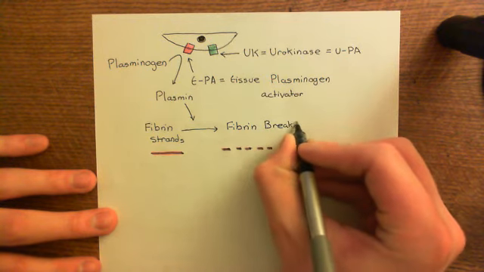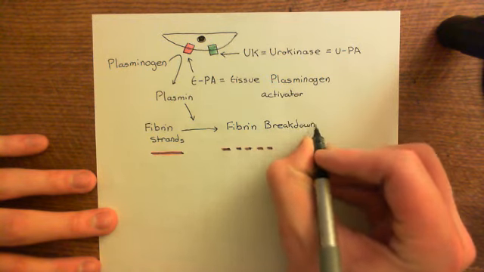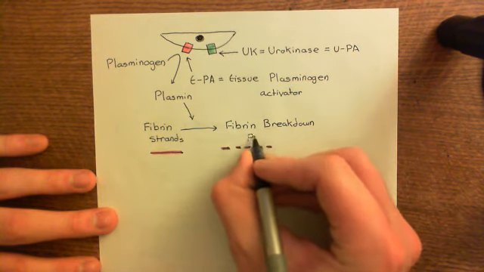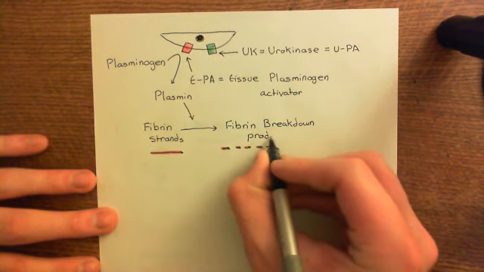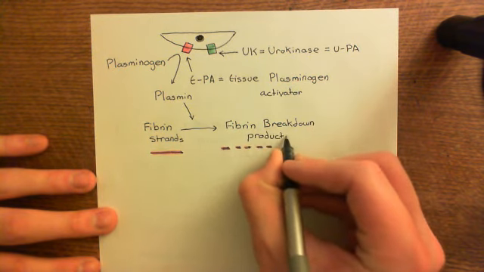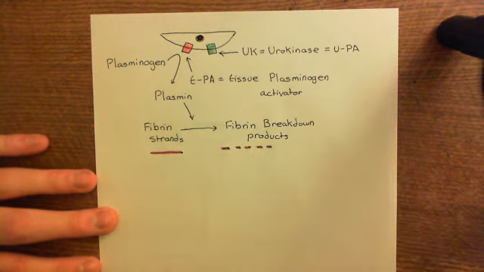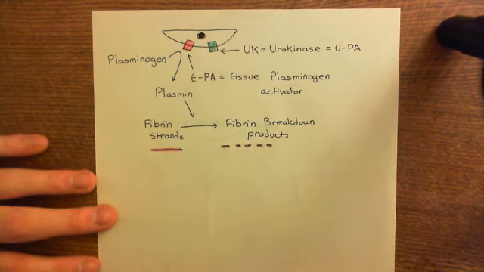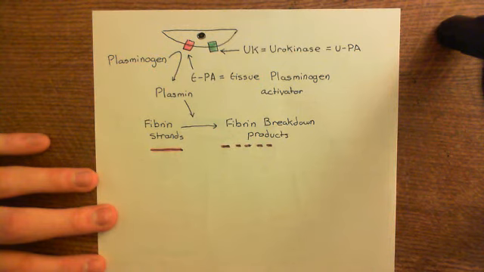Well, if you break down fibrin, then you're going to break down the support meshwork for a thrombus. Once you've broken down all the fibrin meshwork for the thrombus, the thrombus is just going to break apart, because I've told you that the adhesions between the platelets are very, very weak, basically.